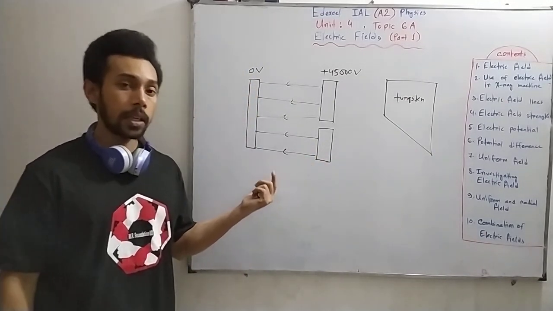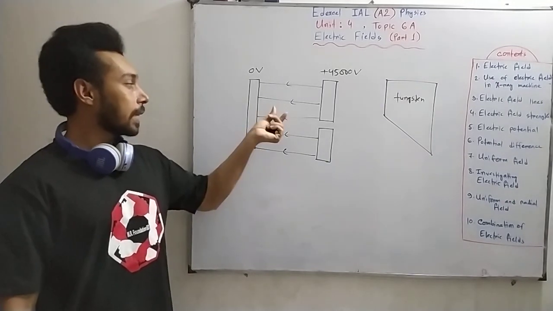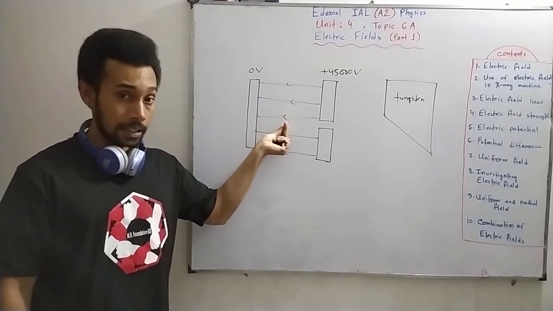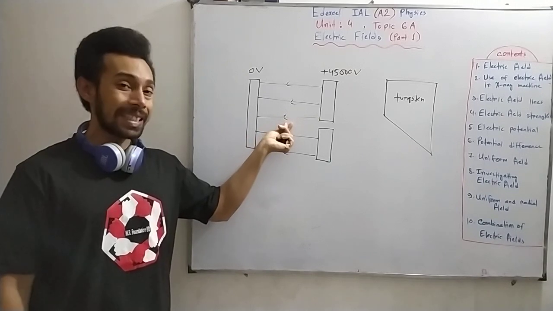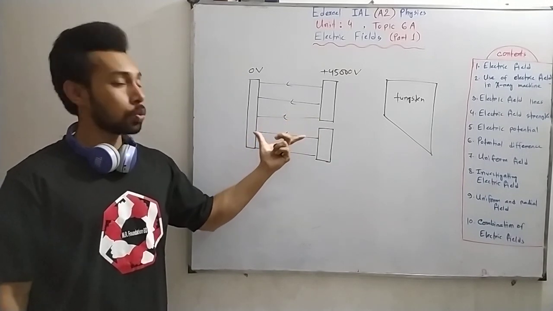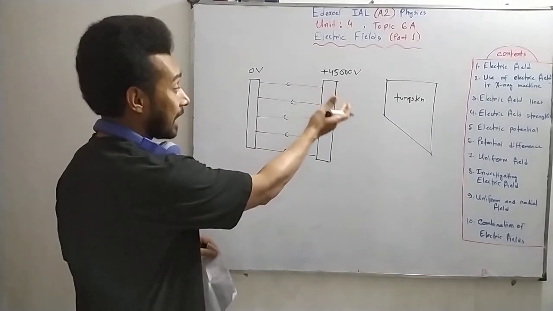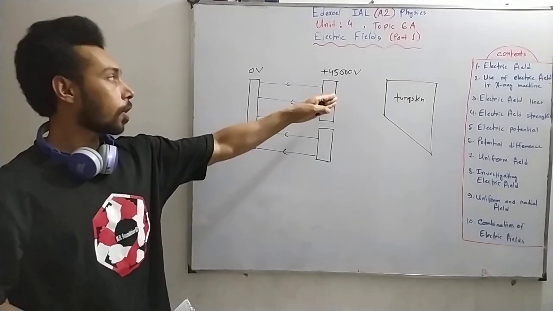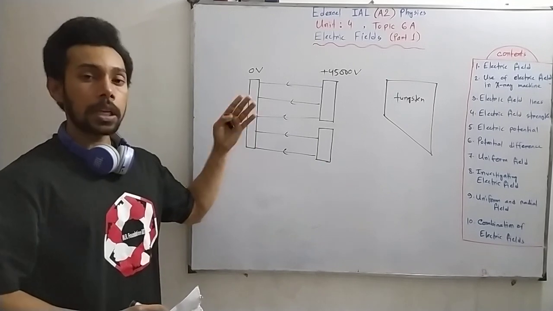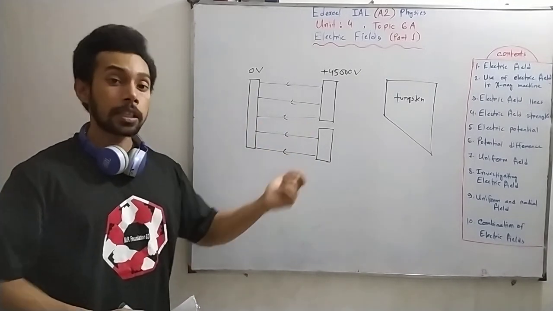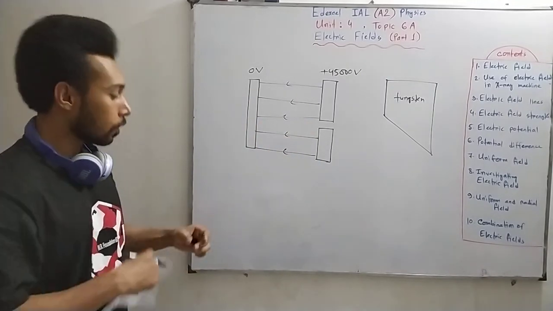You must remember that an electric field exists between any two charged plates, and the direction of the field will be from positive to negative, like a magnetic field directing from north pole to south pole.